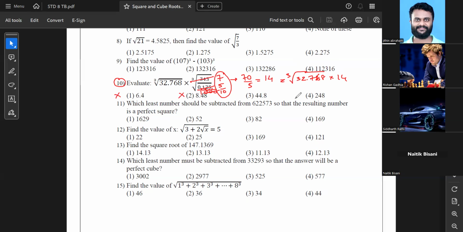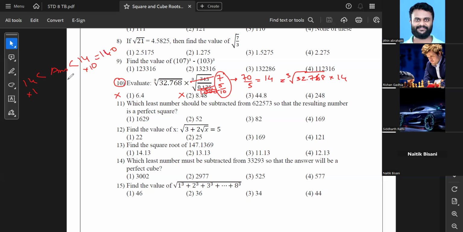Now one of these two will be the answer. Now, my next question is, will this be greater than 10 or not? No, sir, because the cube root of 1000 only can give 10. This 32 is way less than 1000, which means my answer is definitely less than 10. So, my answer is greater than 14 multiplied by 1 and less than 14 multiplied by 10, which is 140 simply.